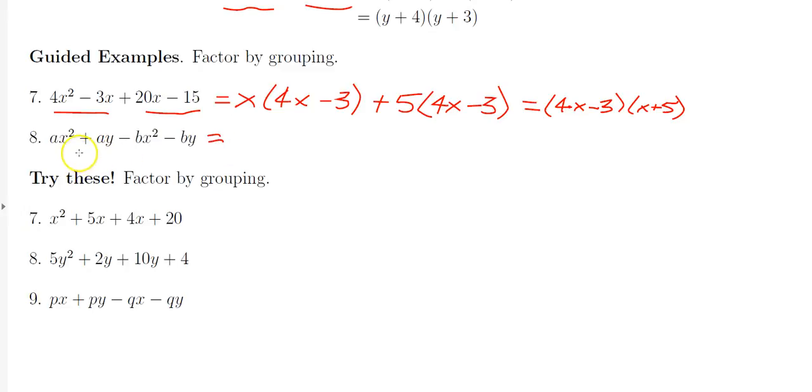Now in the second example, I have a as a common factor, and that's multiplied by x squared plus y. And in the second two terms, I have minus b as a common factor, and that's multiplied by x squared plus y. So when I multiply back that minus b, I have minus b x squared minus by.